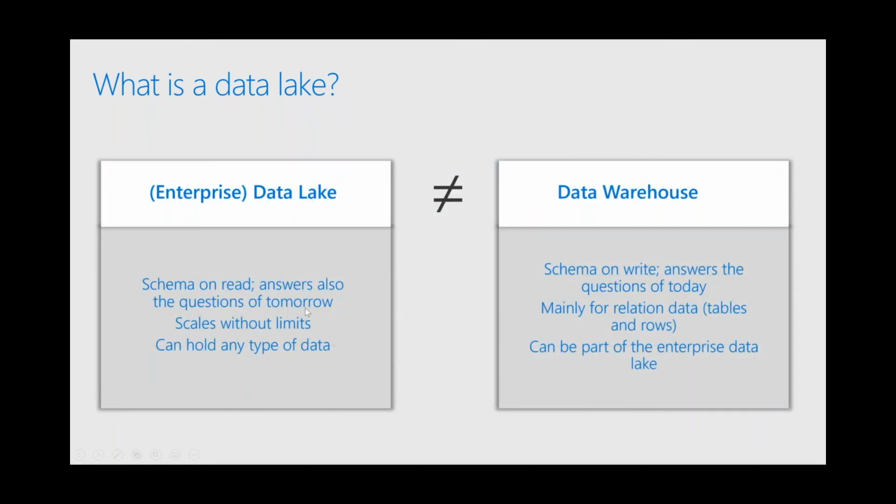If you look at the underlying data in a data lake, you do not know what is coming in there, but most of the systems are schema on read, and it answers the questions for tomorrow without any limits. A data warehouse is schema on write, because you already know what the schema looks like. It's relational, the relationships are known, and it can be part of the data lake.